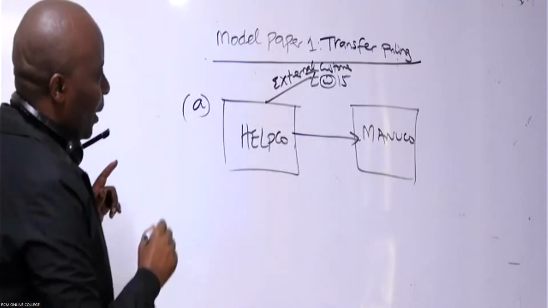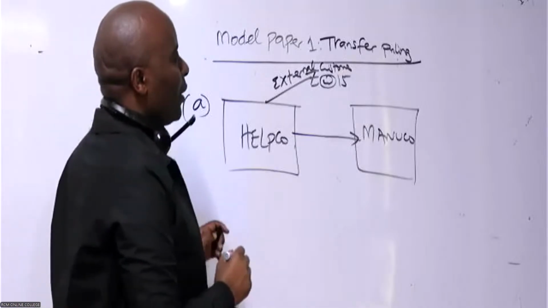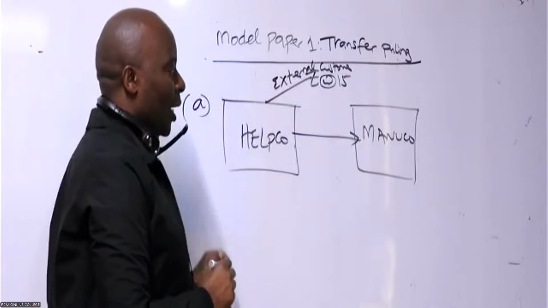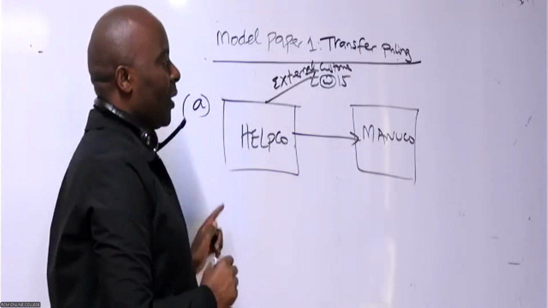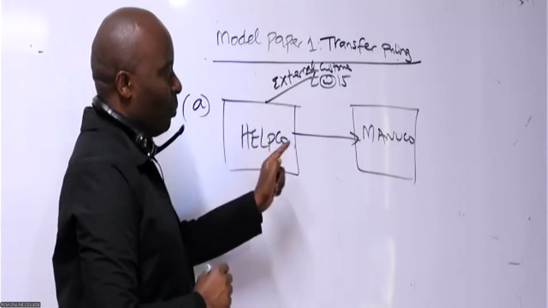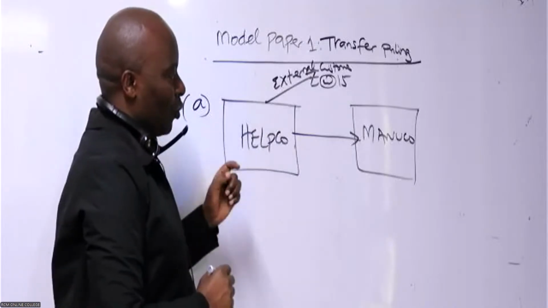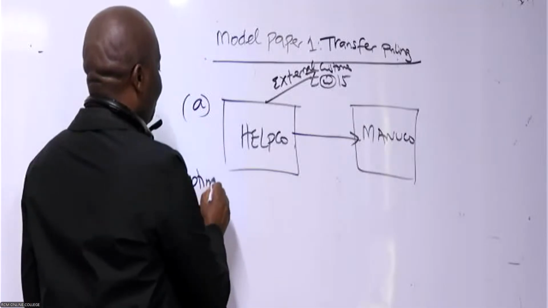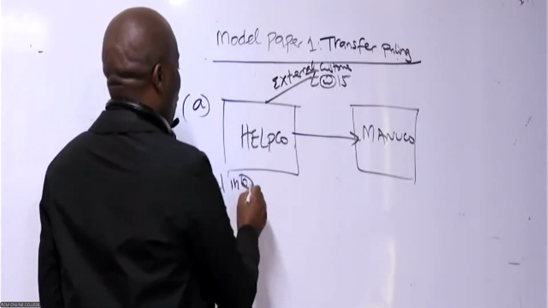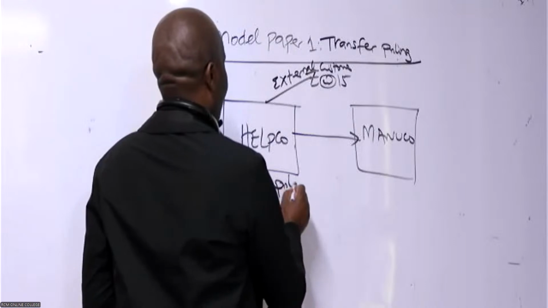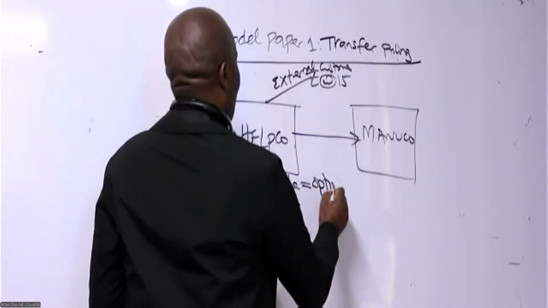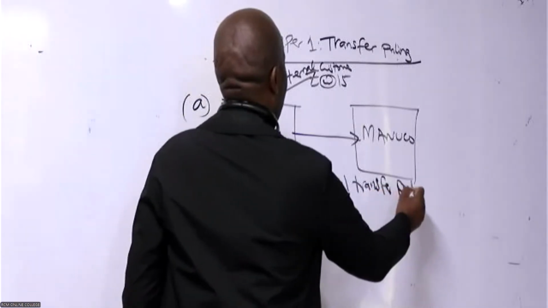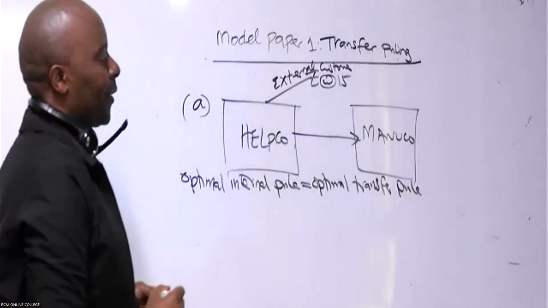Now, so solution part A, remember part A, they simply want us to give them an optimal selling price. Yeah, in this case here, BOK sells to Manuko internally. So basically, they want us to give them the optimal internal price. What we call the optimal transfer price.